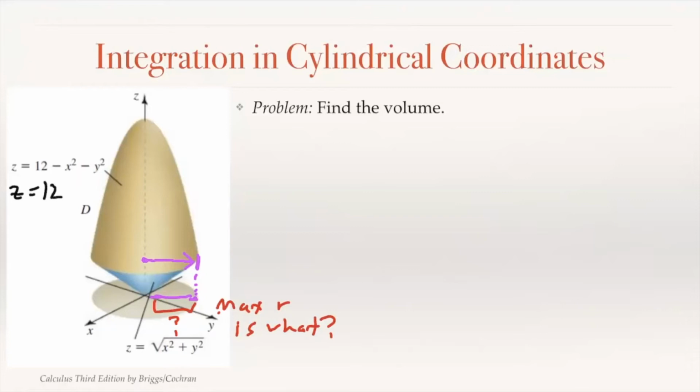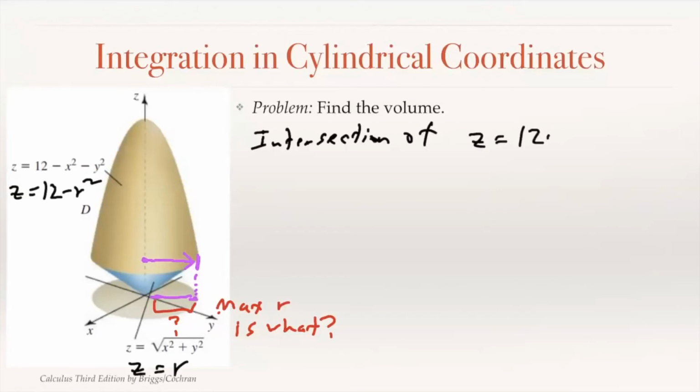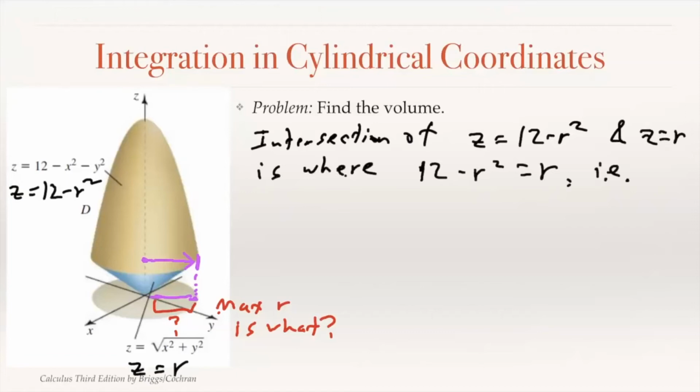So remember, this was z is 12 minus r squared, and this was z equals r. So the intersection of the surfaces z is 12 minus r squared and z equals r, that is where 12 minus r squared is r, setting the z's equal to each other, which is where r squared plus r minus 12 is 0.